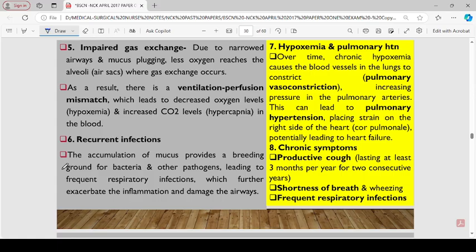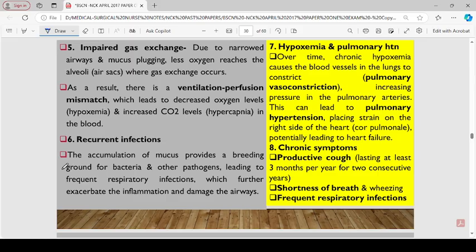in the blood. The accumulation of mucus provides a breeding ground for bacteria and other pathogens, leading to frequent respiratory infections, which further exacerbate the inflammation and damage the airways. Over time, chronic hypoxemia causes the blood vessels in the lungs to constrict. This is pulmonary vasoconstriction, increasing the pressure in the pulmonary arteries.